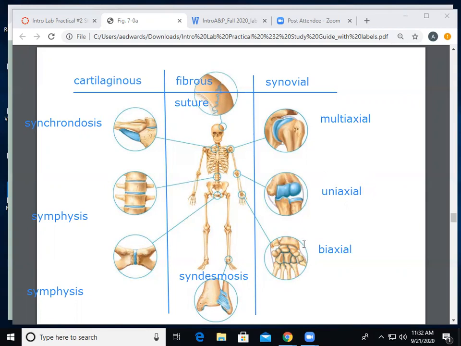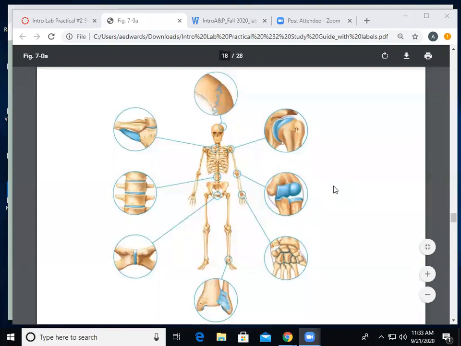Biaxial, 2 planes of motion. Okay, so save that. I'm going to clear drawing, move on.